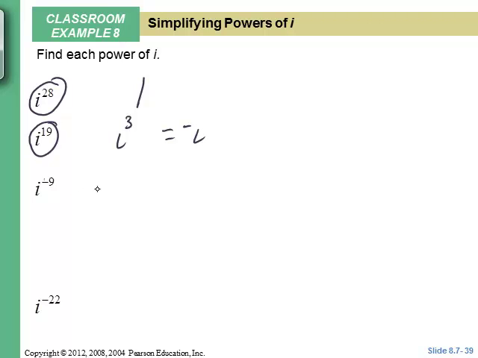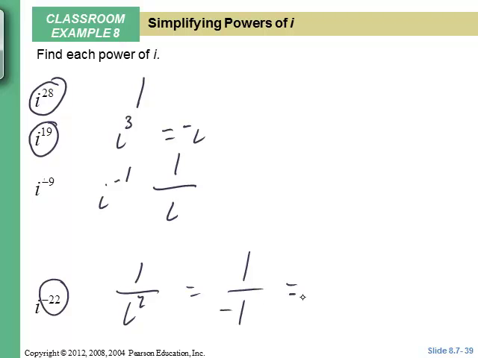This you can divide by 4, and the remainder is negative 1. i to the negative 1 is 1 over i. 22 divided by 4, the remainder is 2, so it's 1 over i squared, which is 1 over negative 1, which is negative 1.